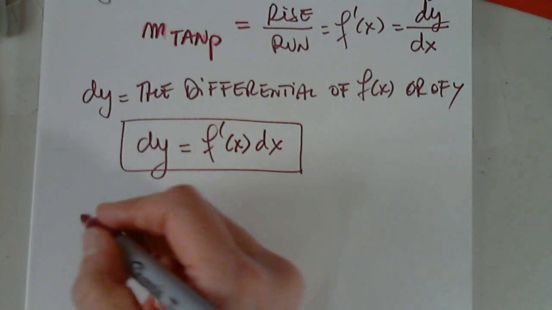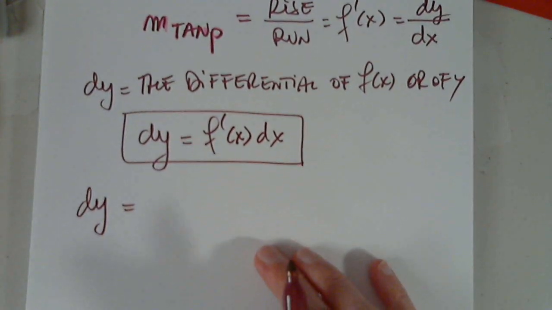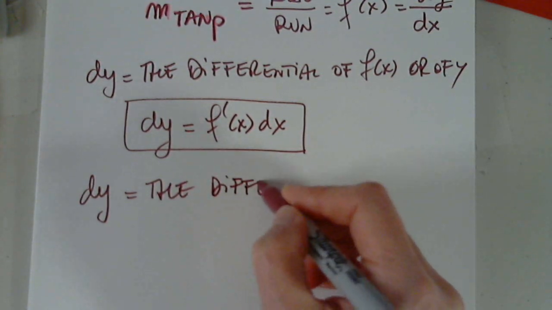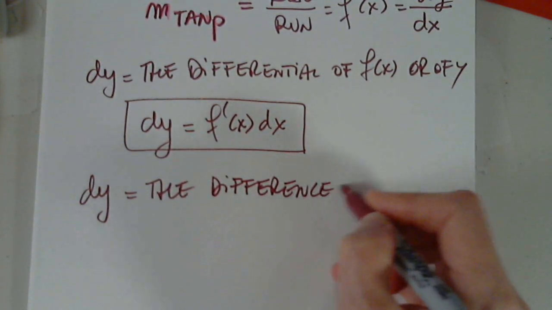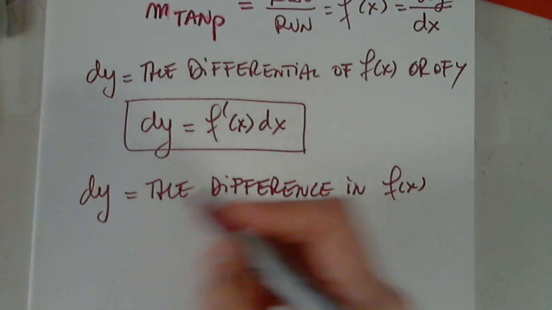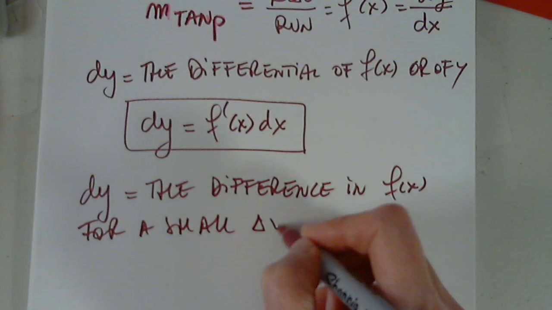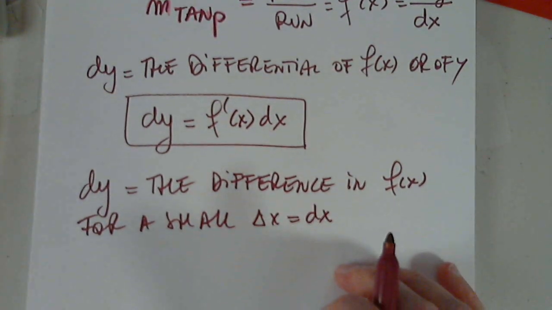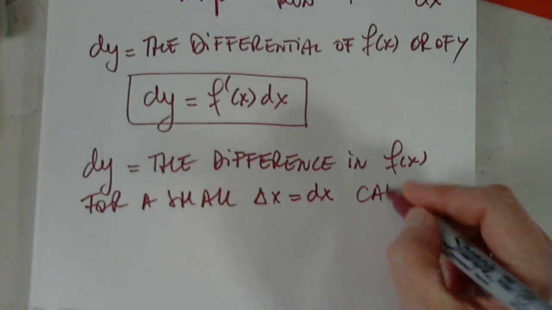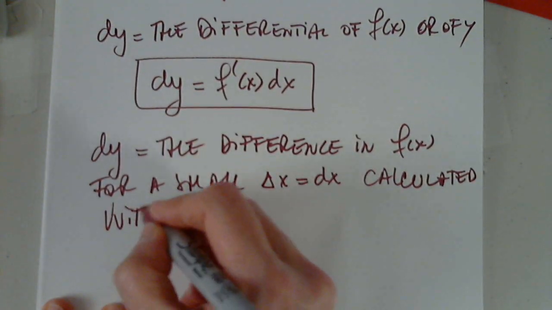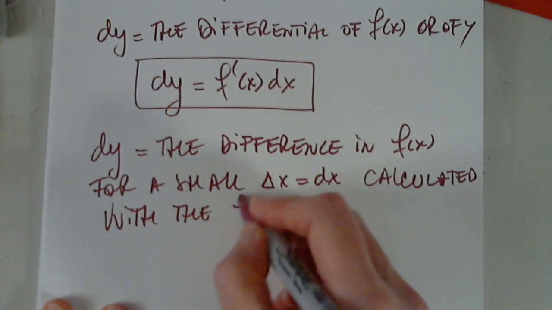What does it represent? Dy is the difference in f of x for a small dx, delta x, calculated with the derivative.